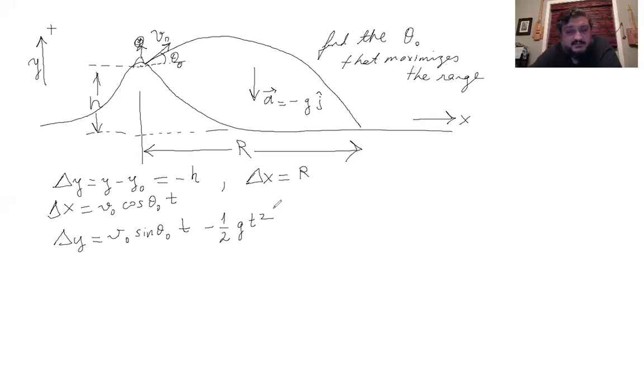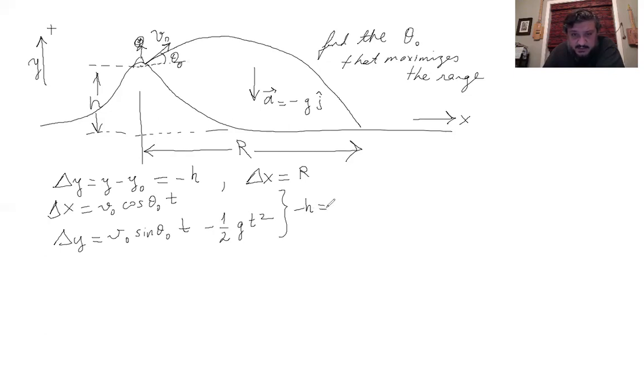All right, so let's get rid of t, okay? So I'm going to solve the first equation for delta x for t, and then plug it in the second equation, right? So let's rewrite the second equation. Now delta y is negative h. Keep that in mind.